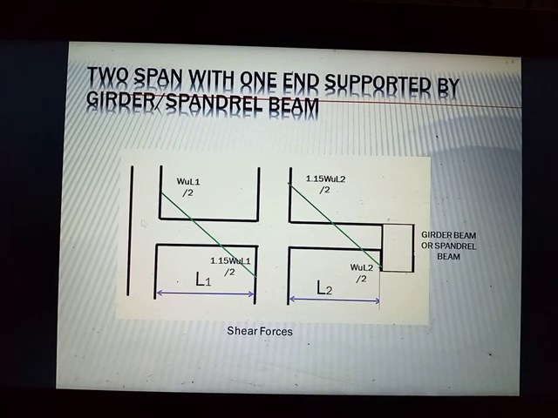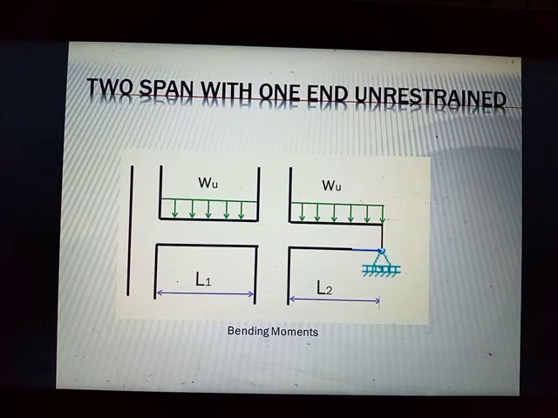And for the other faces of other supports, you use WuLn over 2. It's still the same. Only the moments are not the same. So for this one, two spans with one end unrestrained.